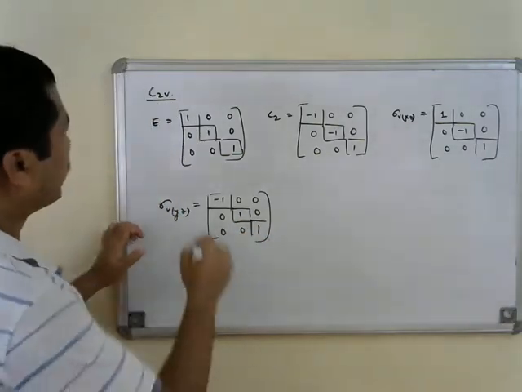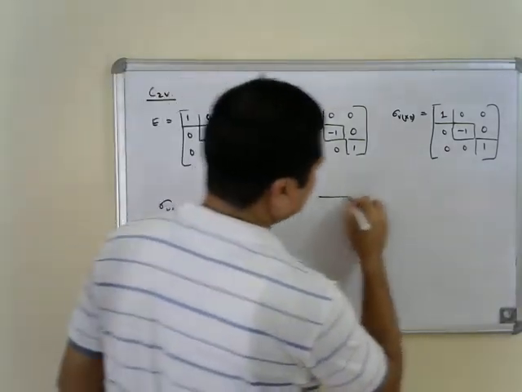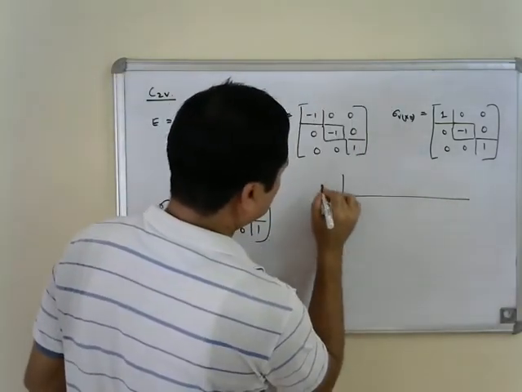So now the characters of the corresponding blocks will essentially form one irreducible representation.